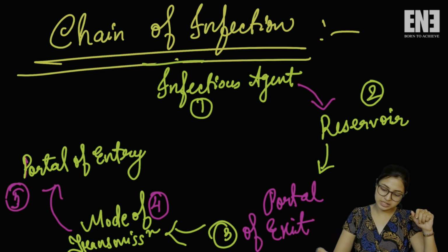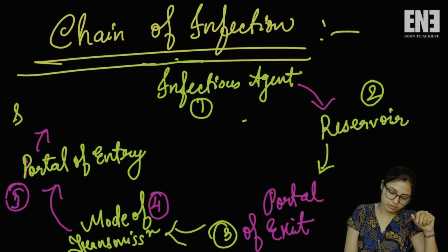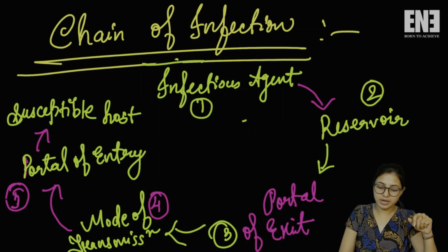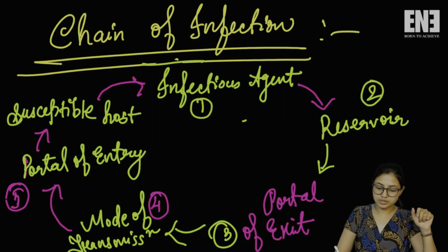So the next part is susceptible host, and this cycle will go on and on and on. So susceptible host is your sixth.